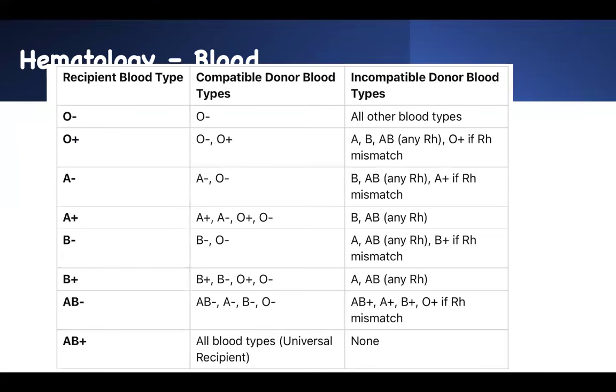And this is a simple table for you to think about it. Blood group O negative can only give to negative, but blood group O positive can give to both O negative and O positive, right?